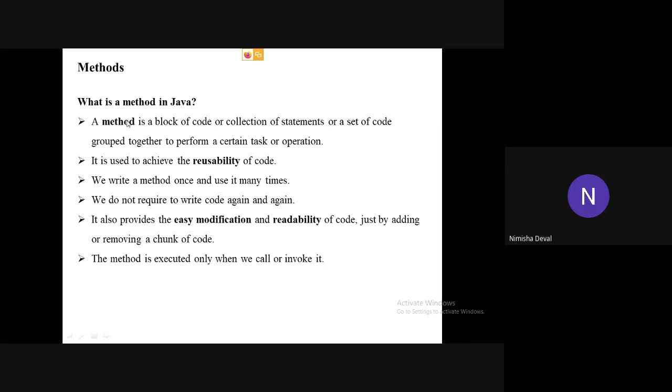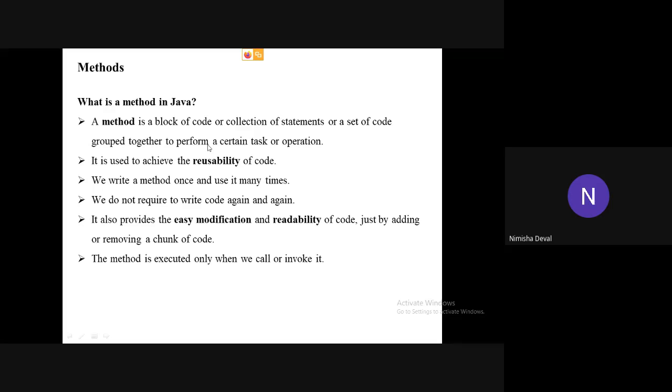So I can collect all this data by putting the statements in one block, and that block is called a method because we are providing a name to that block. In that we can achieve reusability. Why are we able to achieve reusability? Because we write that code only once.